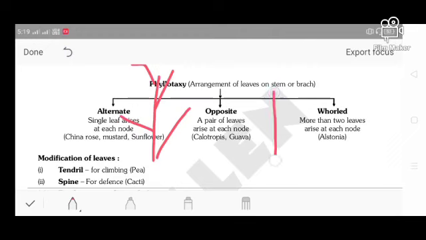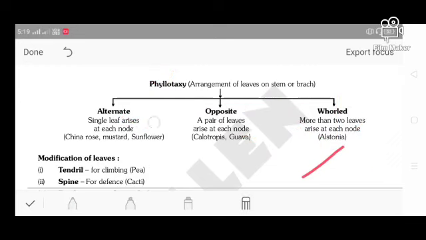But in the case of opposite, you have seen it like this, oppositely. And in whorled, more than two leaves arise at each node. When more than two leaves arise at each node, we can say it is a whorled arrangement. So this is the basic idea about how leaves are arranged.